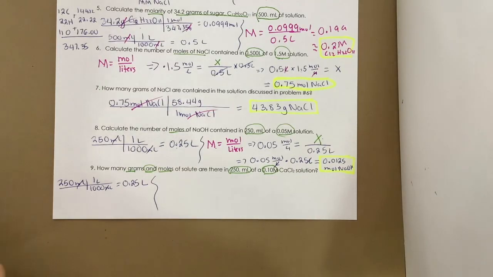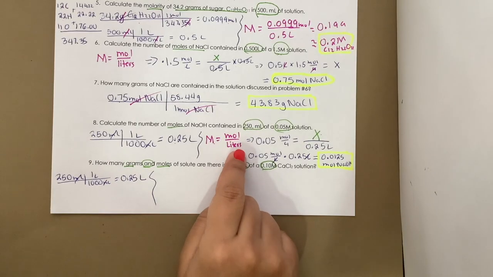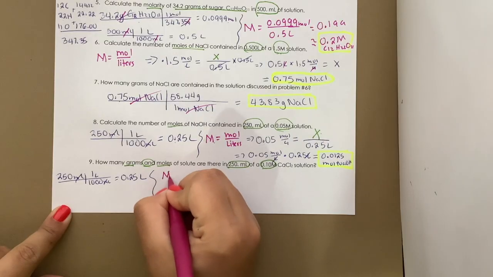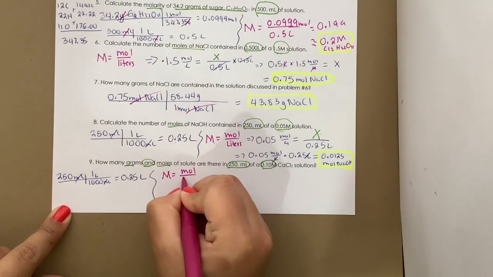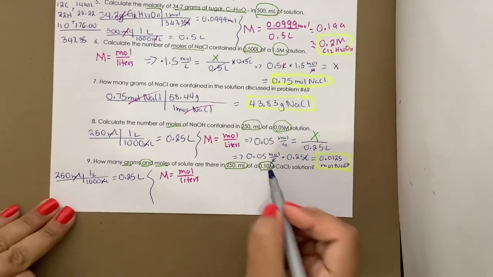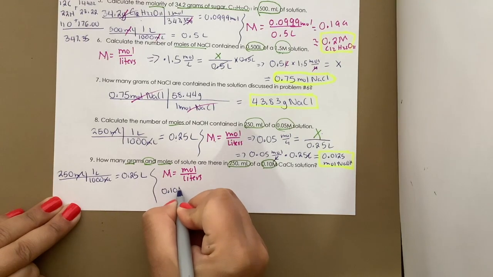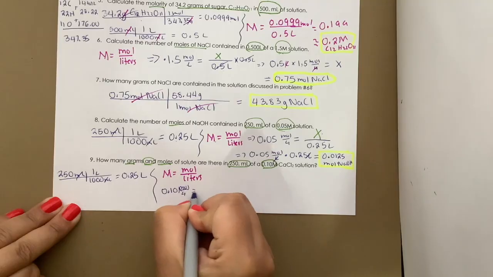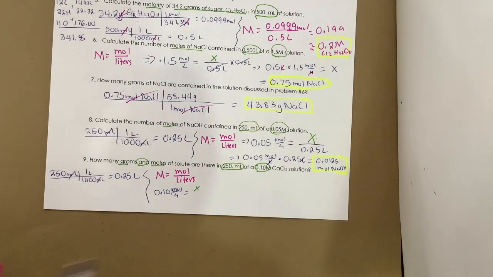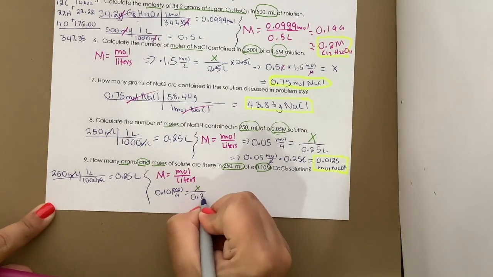The second thing I'm going to do is use my molarity, moles over liters equation, to solve for the number of moles. So molarity equals moles over liters. Molarity was given to me: 0.10 moles over liter equals X, because I don't know my moles, they want me to figure out the moles, divided by liters, 0.25 liters.